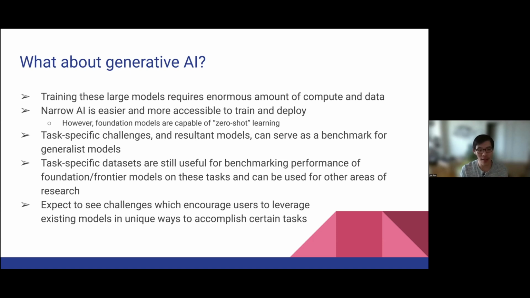I will note that foundation models are capable of what's called zero-shot learning. What zero-shot means is the model has never been trained to do this, but when you ask it to do something, it actually does quite well, right? So I could show ChatGPT potentially an image of a head CT and ask, what is it?